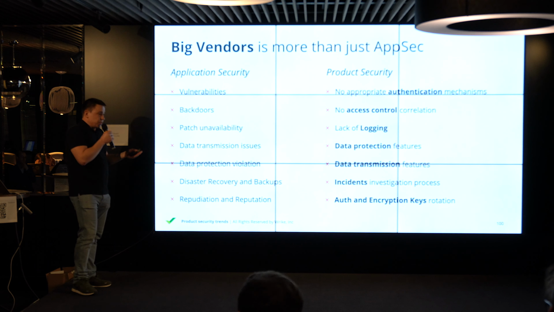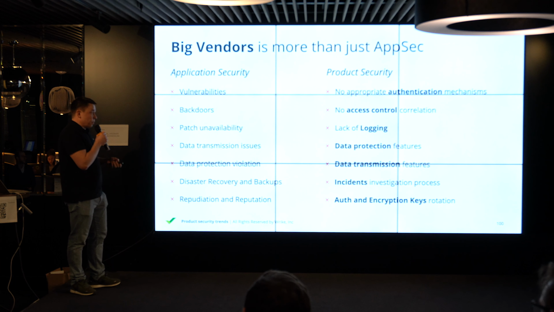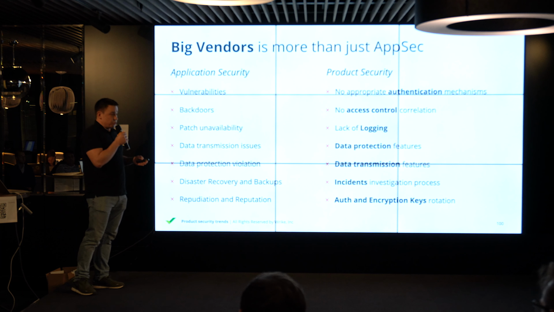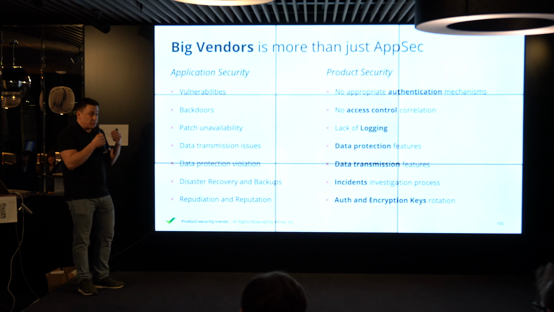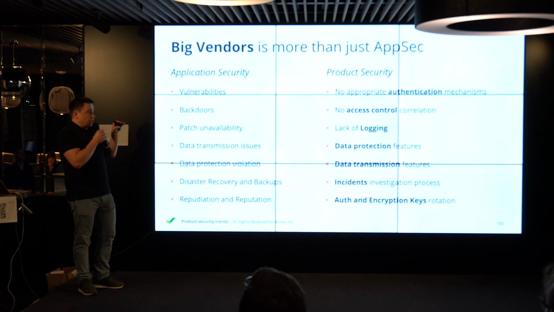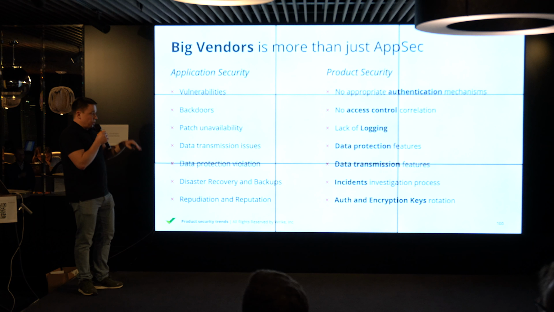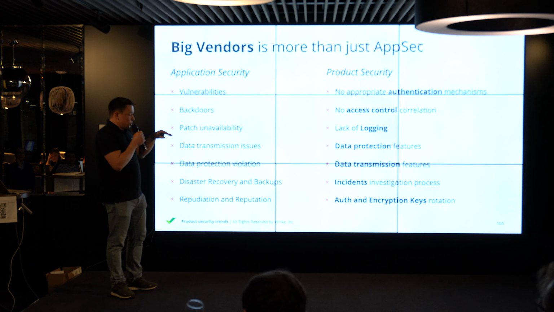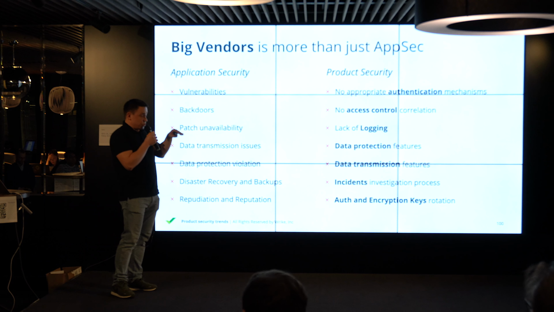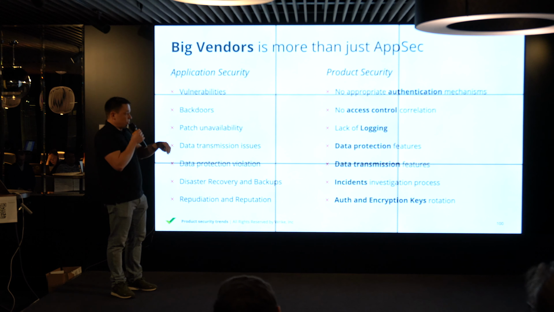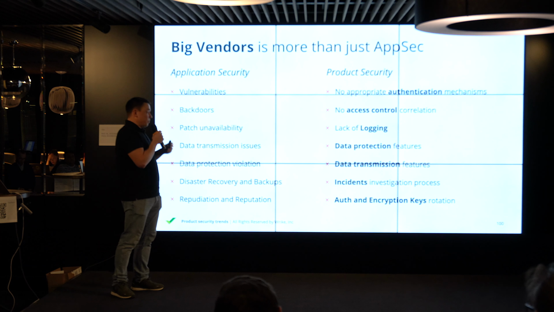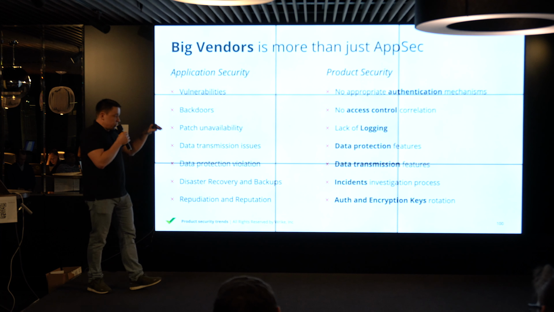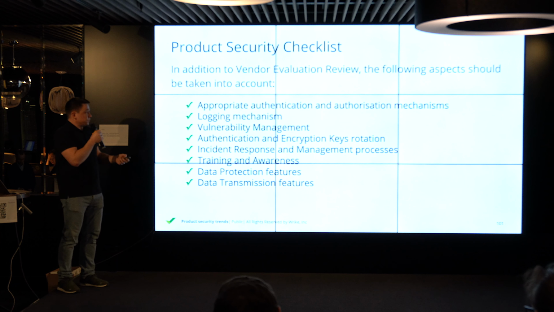It would be great to have integration with our SIEM and a data protection feature. So if your application provides customers encryption at rest, all of your SaaS vendors have to provide this feature as well. Data transmissions. So you shouldn't have a vendor which provides a security level lower than your application. Incident response, authentication, and encryption keys.